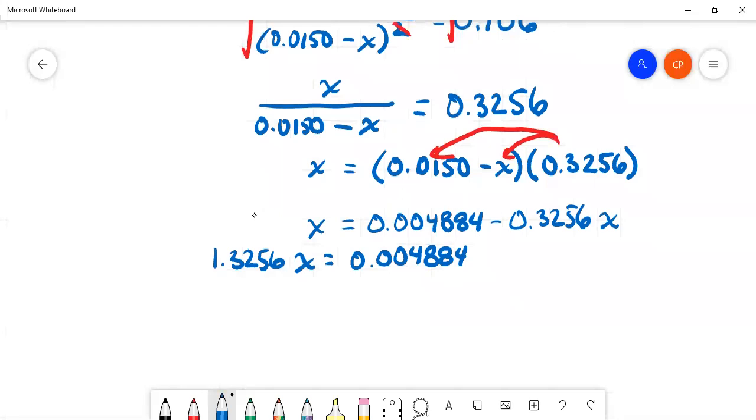And x is going to be equal to 0.004884 divided by 1.3256.